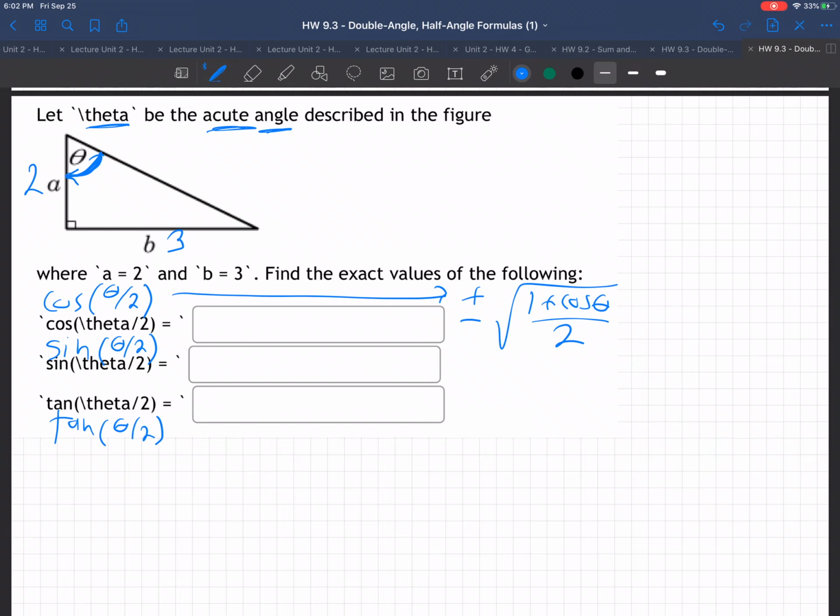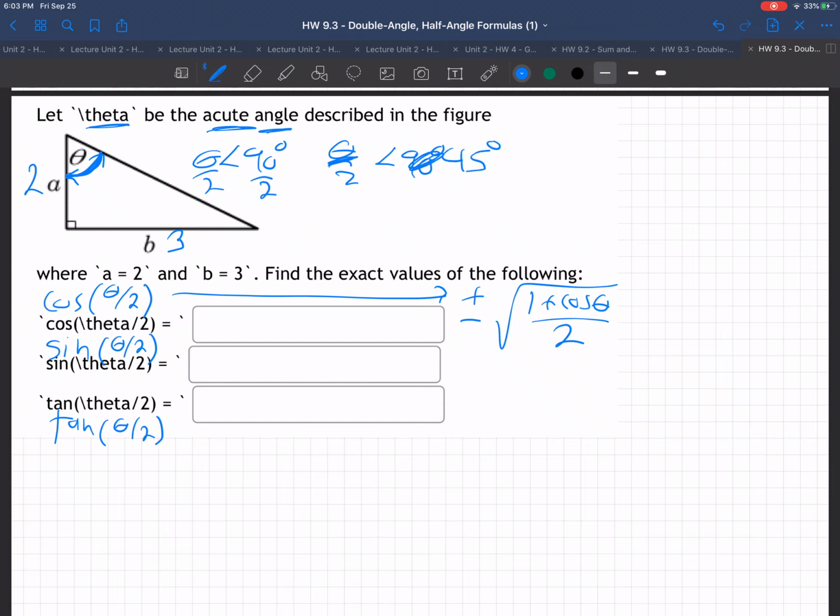So it's less than 90 degrees. So if theta is less than 90, then theta over 2, cut it in half, right? Theta over 2 is half as big as theta. That's certainly less than 90. In fact, it's got to be less than 45 even, right? If you divide both sides of this by 2, this has actually got to be less than 45.